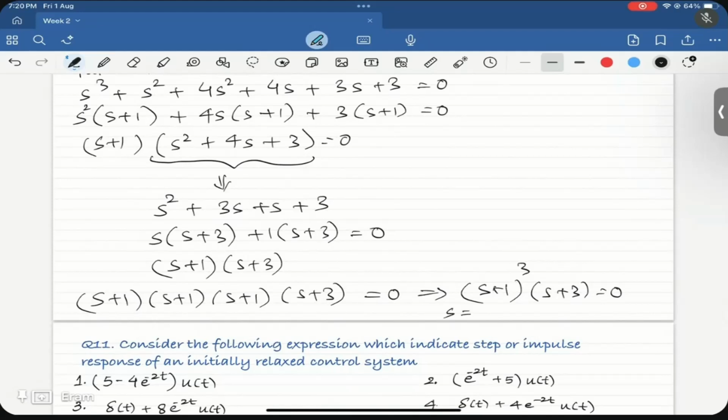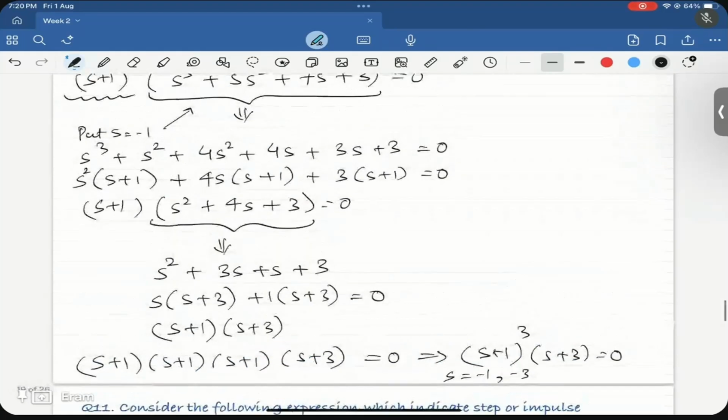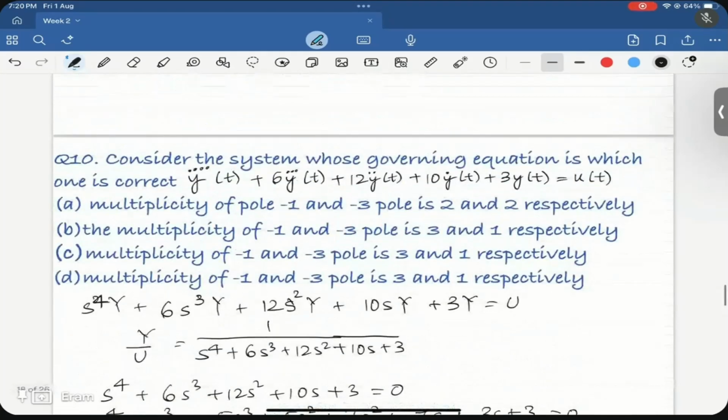The poles are s equals -1 and s equals -3, and the pole at s equals -1 has a multiplicity of 3, right? And the pole at s equals -3 has a multiplicity of 1. Okay, so which option is correct? The multiplicity of -1 is 3 and the multiplicity of -3 is 1. So option B is correct.